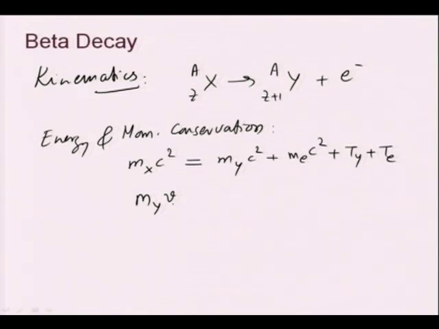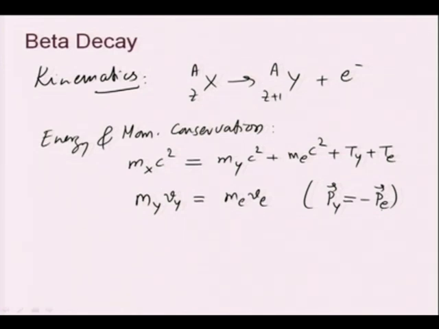And momentum conservation will tell that we have the x nucleus at rest, so there is no momentum, and the final momentum will be like m y v y, the magnitude of the momentum, is equal to m e v e, magnitude of the other momentum. Or actually you can write the vector momentum p e is equal to minus p y, and the magnitudes are the same.